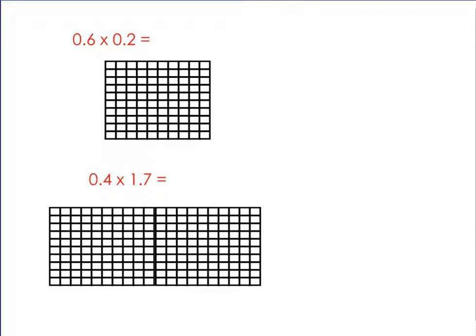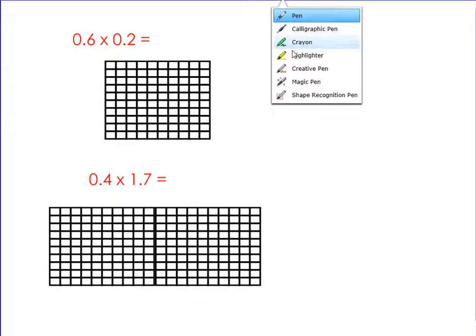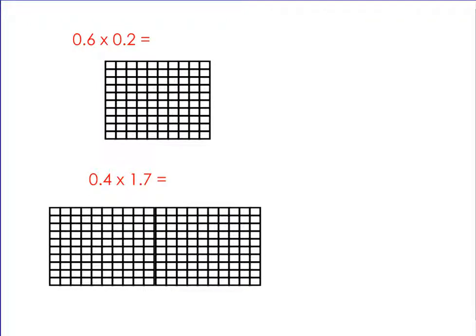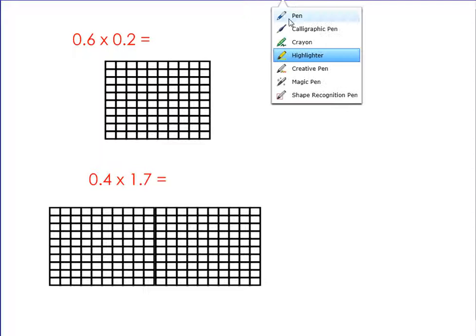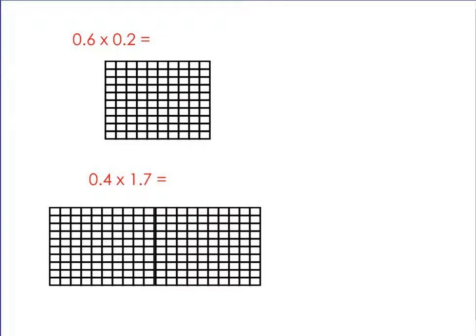0.6 times 0.2. I'm going to switch to a highlighter, so that might be a little better. I know that 6/10 is going to be this amount, 1, 2, 3, 4, 5, 6. So this will be 6/10 here. And then I'm going to need to multiply that by 2/10.